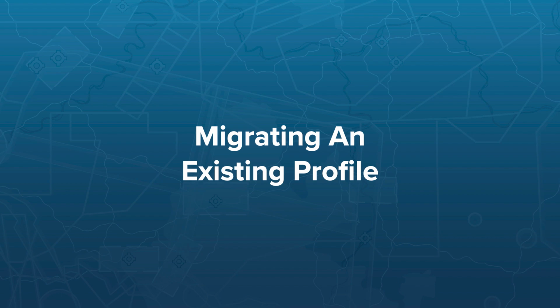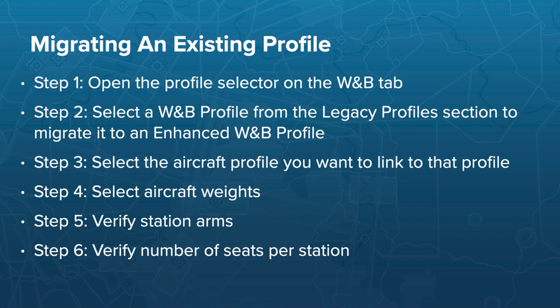So you can migrate an existing profile just by opening up the profile selector on the weight and balance tab, selecting a weight and balance profile from the legacy profile section to migrate it to an enhanced weight and balance profile. Select the aircraft profile you want to link to that profile. Select any aircraft weights, verify the station arms, and then verify the number of seats per station.